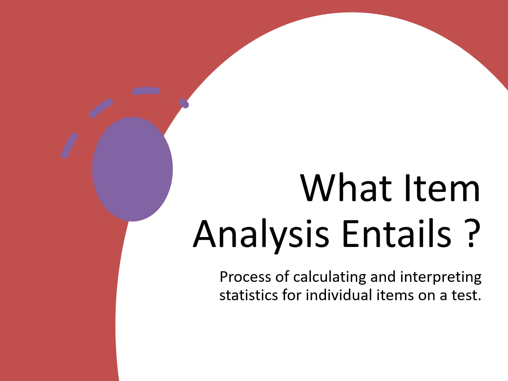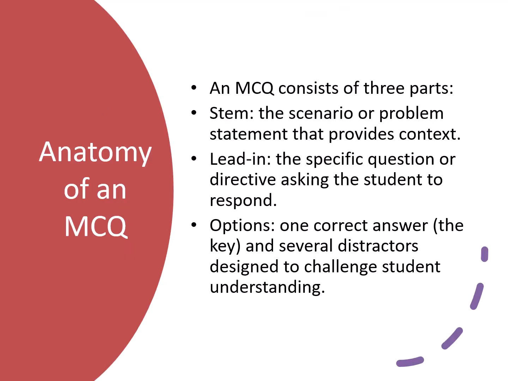So what exactly does item analysis entail? Item analysis entails the process of calculating and interpreting statistics for individual items on a test. We'll start off with what exactly a multiple choice question looks like. A multiple choice question consists of three parts. First of all, it is the stem, the scenario or problem statement that provides context, which is followed by the lead-in statement.